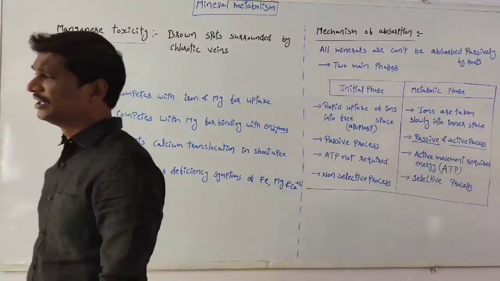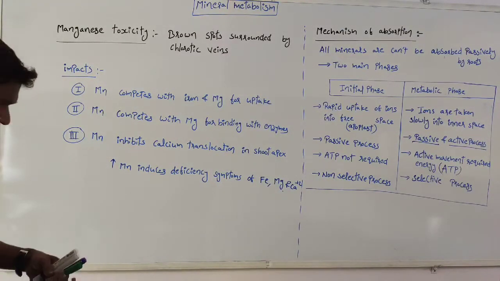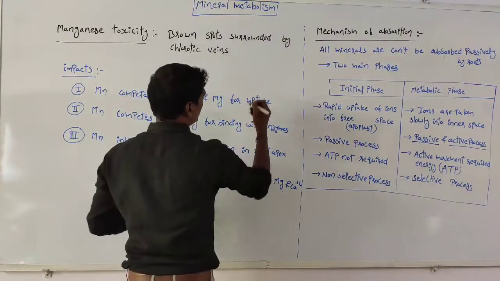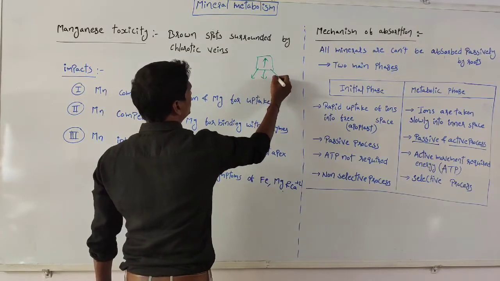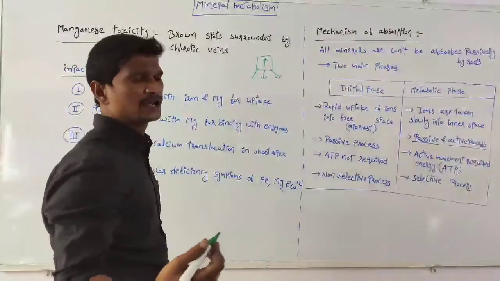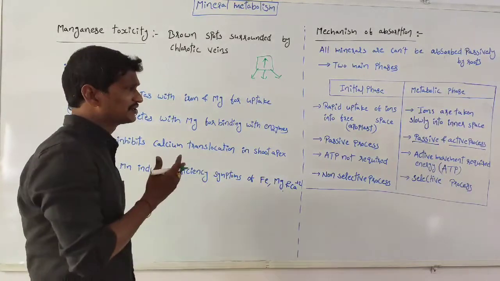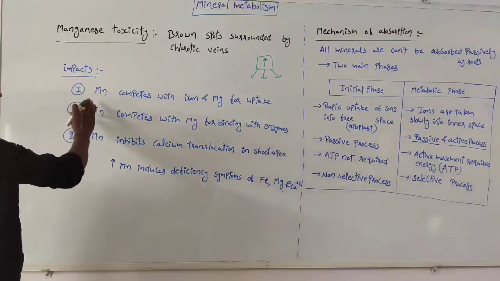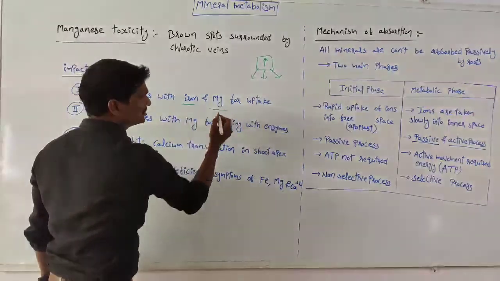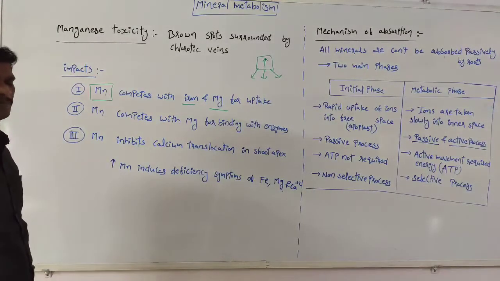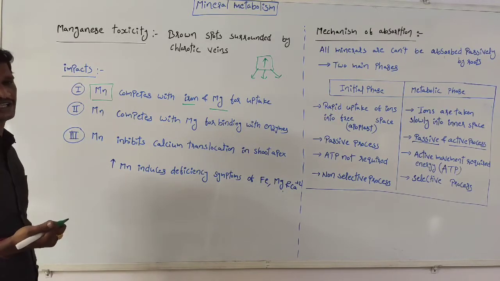Manganese toxicity. And remember the impacts of manganese toxicity. I already said that when one element's concentration is more, it can affect different types of mineral metabolisms. The example here is manganese impacts. Manganese competes with iron and magnesium for uptake.